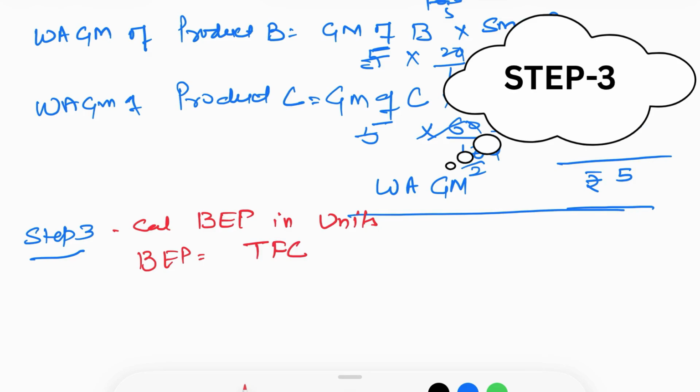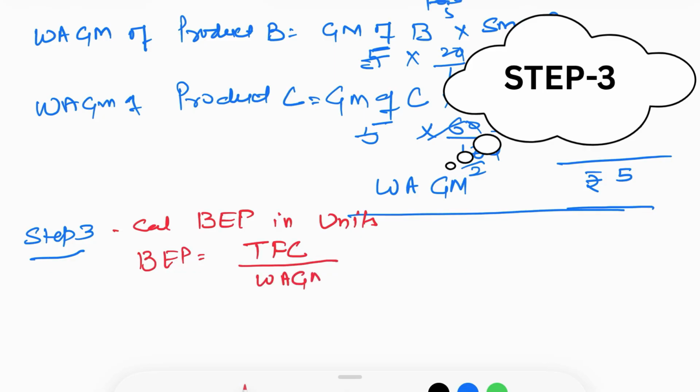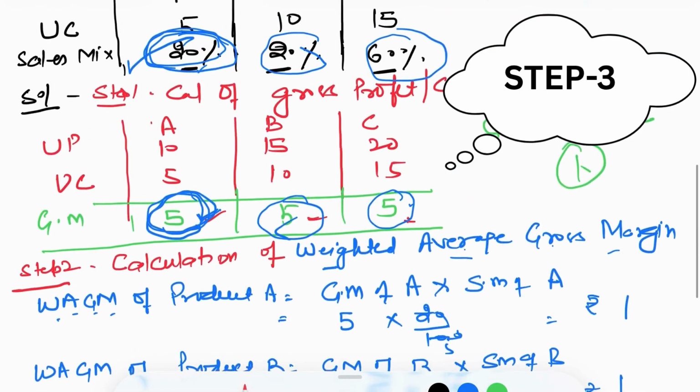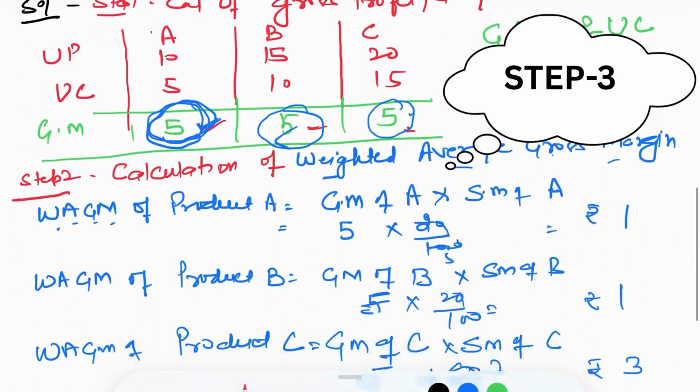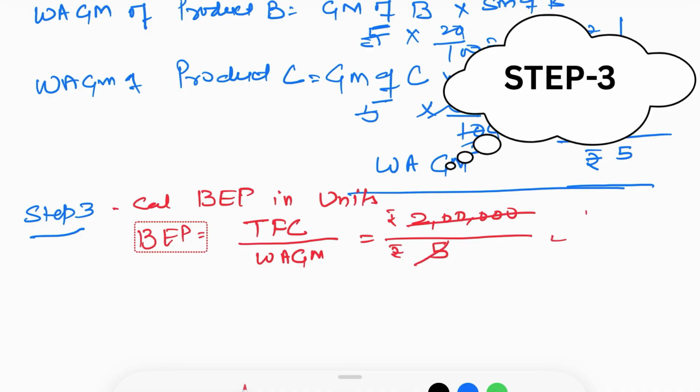Earlier, in class 11, we used to write down gross margin, but now we'll write down weighted average gross margin. So total fixed cost is given to you, 2 lakhs here, and weighted average gross margin is rupees 5. How much is it? 40,000.